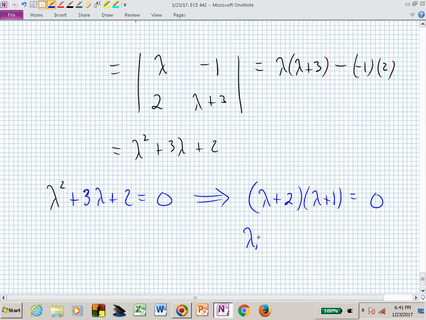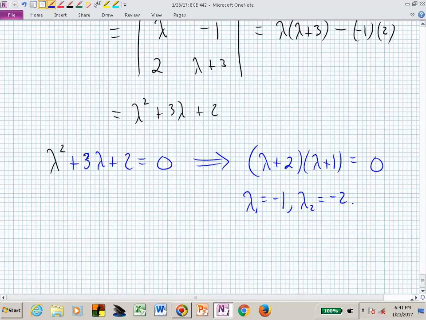One of the lambdas is minus 1, the other lambda is minus 2. And those are the natural behavior. If we set some initial conditions on our system, it would naturally want to shake at minus 1 and minus 2 as its modes. Or it's going to go unbounded because of that mode of minus 2 outside the unit circle.